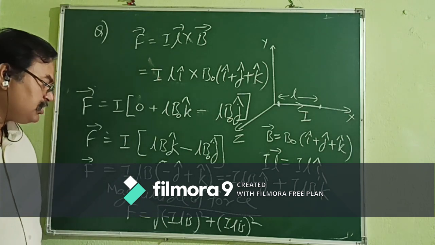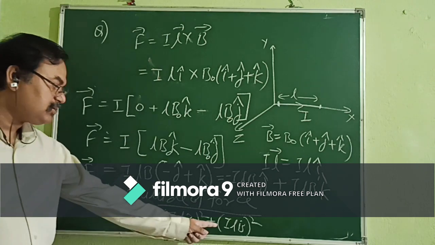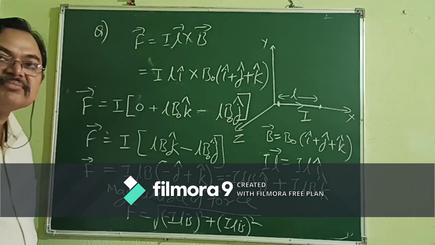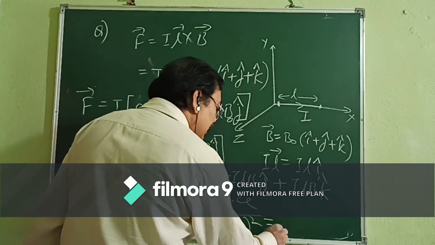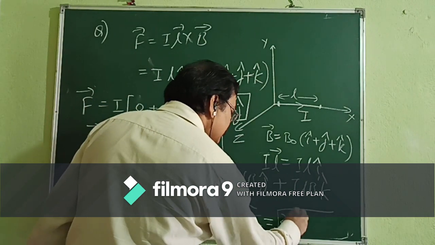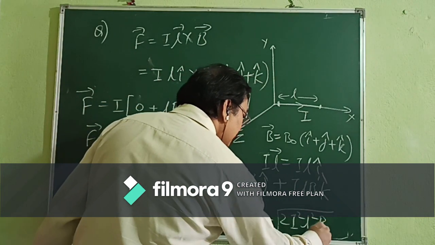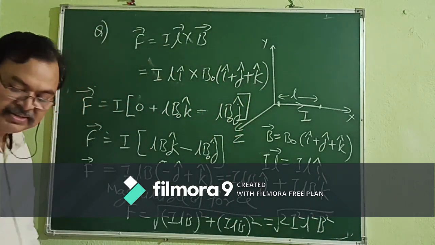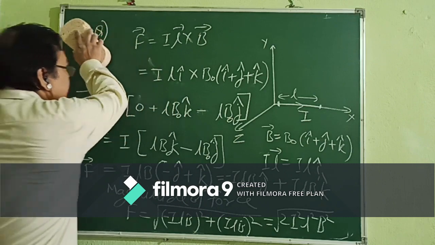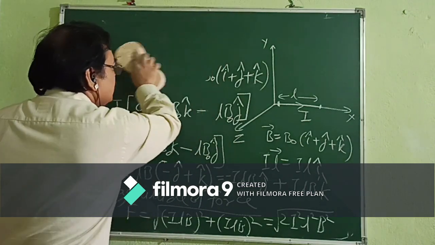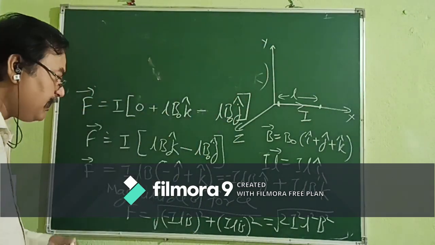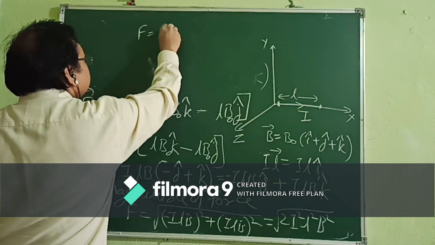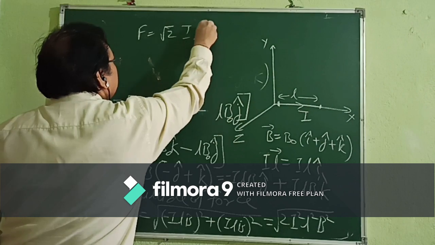Its square will be how much? I square, L square, B square. And this also will give us I square, L square, B square. So both are going to give the same thing. So we can write 2 I square, L square, B square. When we take the root of this, as a result the magnitude will be root 2 ILB.